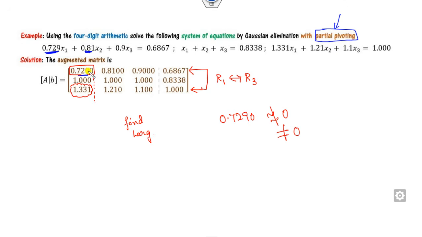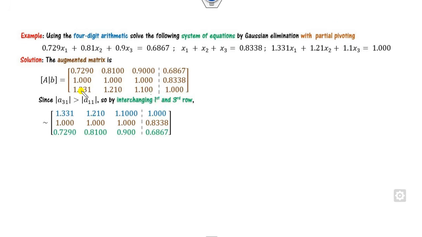The partial pivoting means the diagonal entry must be the largest among the row column. So since A31 is largest in magnitude, you can change the first diagonal entry. Now you can make this value a box.